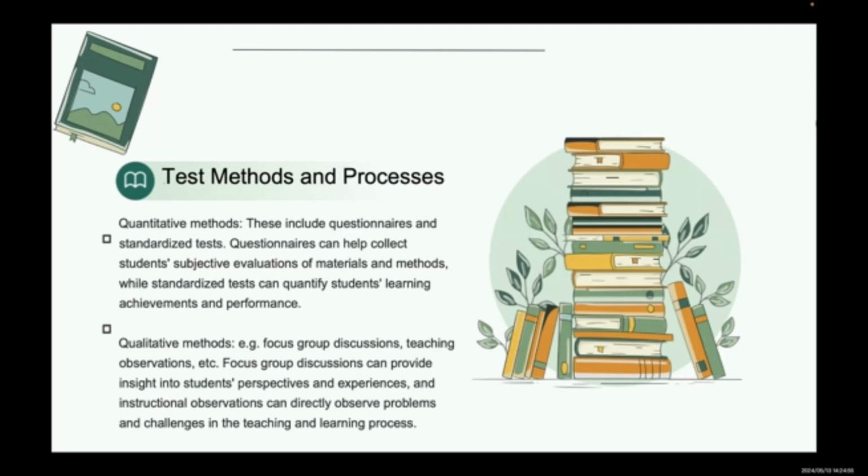Qualitative methods include focus group discussions, teaching observations, and so on. These activities, such as focus group discussions, can help provide insight into students' perspectives and experience. Instructional observations can directly reveal problems and challenges in the teaching and learning process.